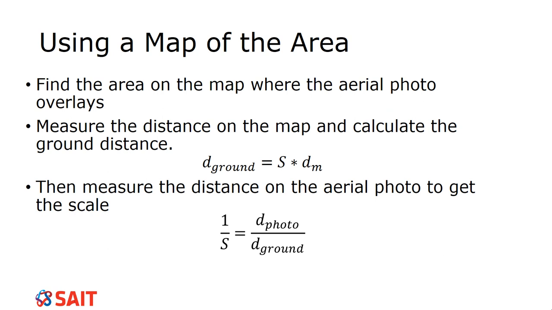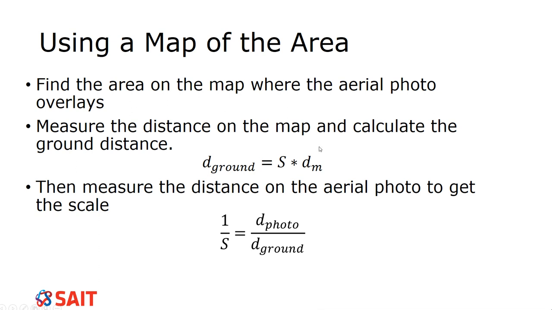Then we have a map of the area. So if you have a map of the area, you find the area on the map where the aerial photo overlays, and then you measure the distance on the map and calculate the ground distance. So we have an old map. This is just like trying to find out the scale of a map that we don't know, right? So you figure out the distance on the ground.